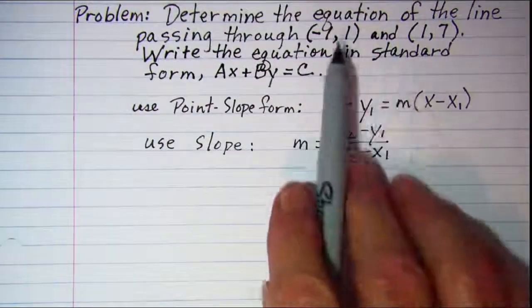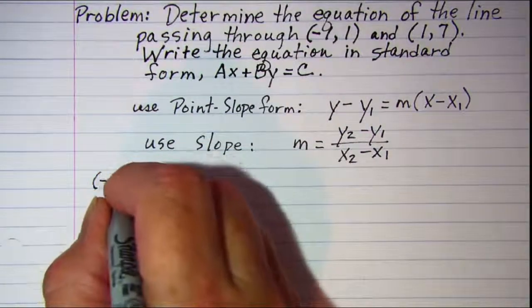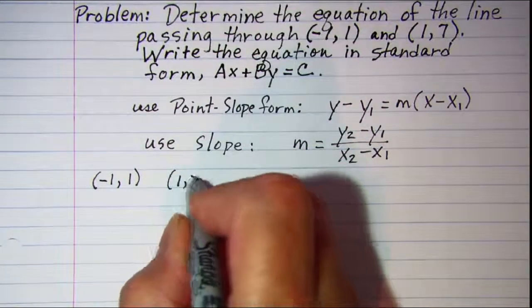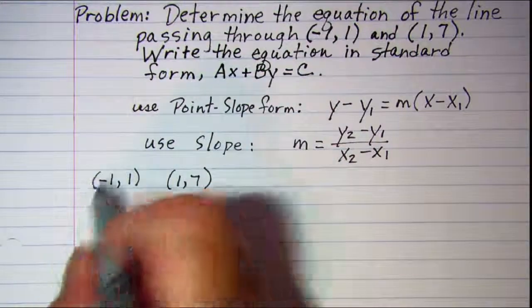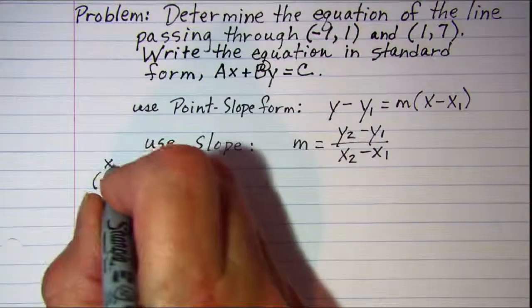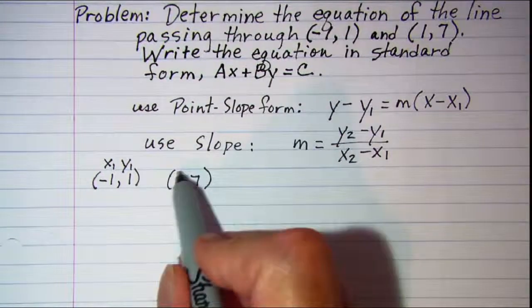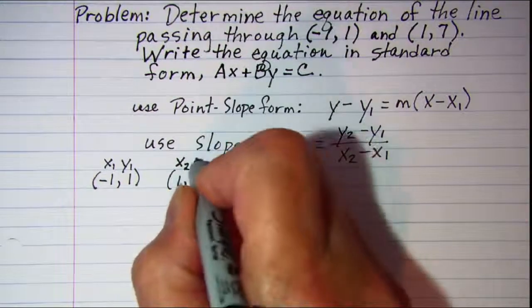So our two given points are (-1, 1) and (1, 7). We'll call this point the coordinates x1, y1, and we'll call this point coordinates x2, y2.